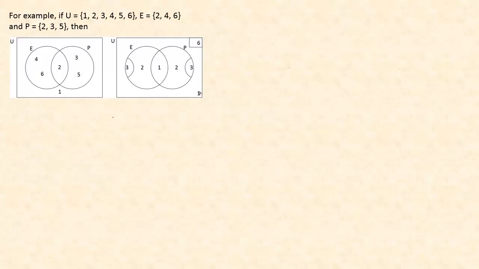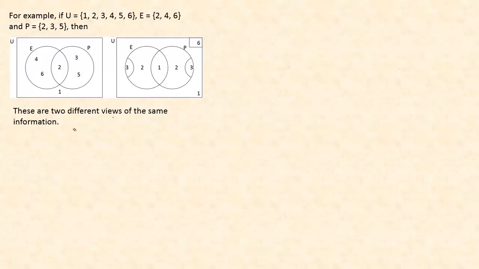The 1 is outside here, but that's not the element 1. That's telling us there's 1 element outside. And the 6 up here in this rectangle tells us there's 6 elements in total in the set. And we know that's the case. We've got 1, 2, 3, 4, 5, 6.